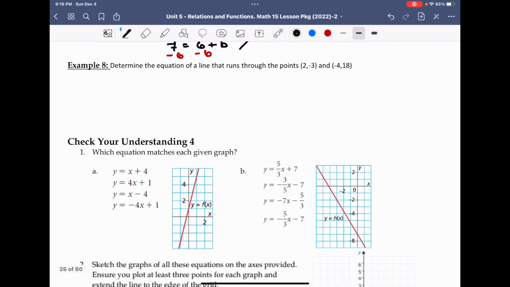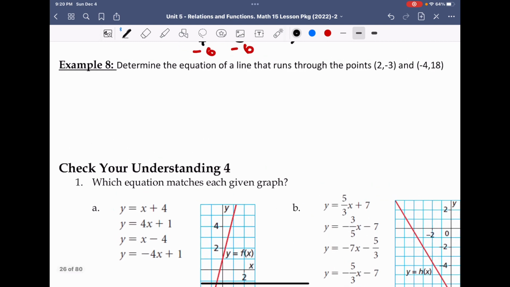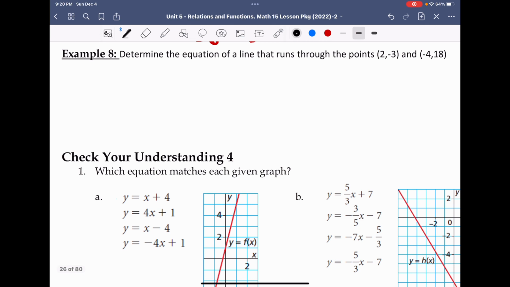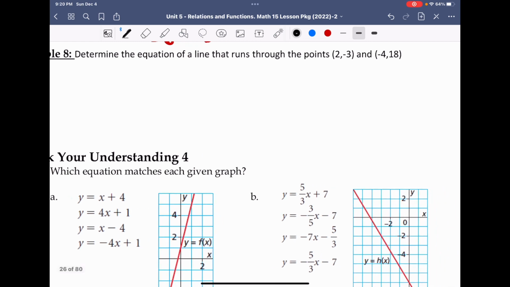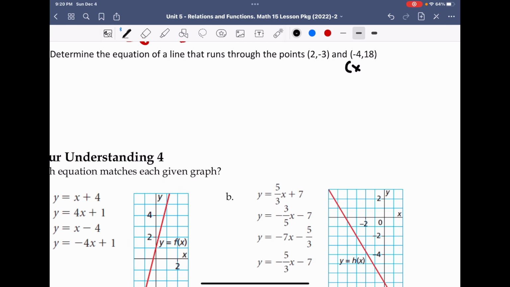All right, last example. Determine the equation of a line that runs through these 2 points. In order to have an equation, what we need is the slope and the y-intercept. So in order to determine the slope and the y-intercept, let's start off by using the skills we learned in lesson 3 about determining slope and then apply it to this lesson. 2 points, we want to label one as x1, y1 and one as x2, y2. The further left point is going to be x1, y1, and this point will be x2, y2.